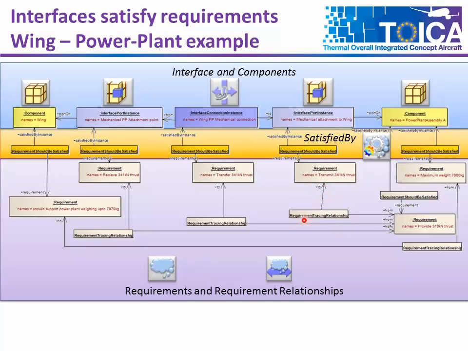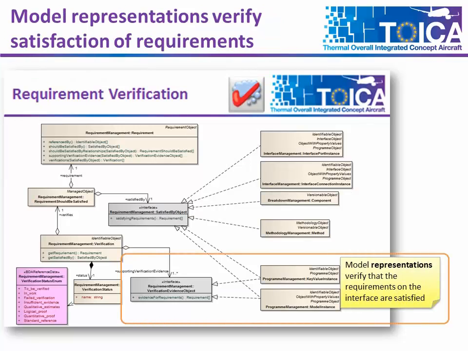And then there are tracing relationships, for example, to a requirement on the component itself to provide an amount of thrust, and a requirement on the wing that it should support the power plant. The verification of requirements is done using model instances. These are likely to be representations of the connection or the port of the component, though this is not enforced.